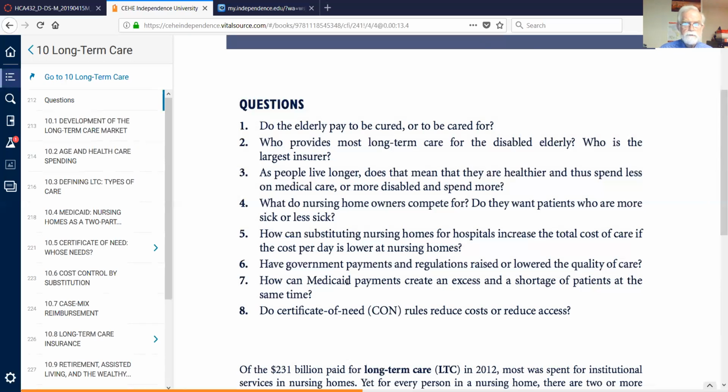The largest insurer is Medicaid and Medicare, the government. So the government is covering, one way or another, the largest proportion of these. But who provides the most? Family. At least 2/3 of the people who are being cared for at home, usually by an adult daughter or daughter-in-law.